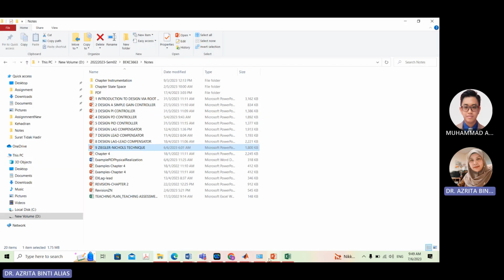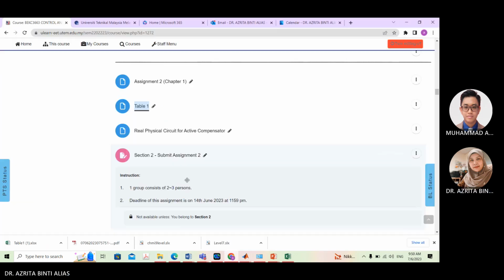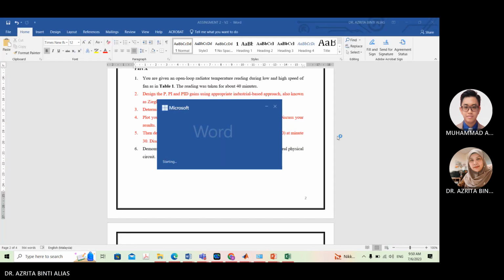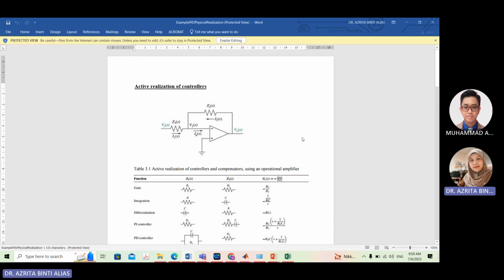So I already give you the notes on how to implement or demonstrate in a real physical circuit. So in MATLAB here, you can see the notes, real physical circuit for active compensator. Basically, you already learned in theory how to design the PID controller, and then you simulated in MATLAB.